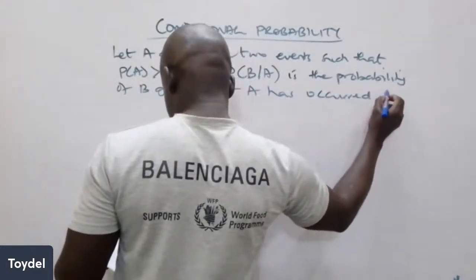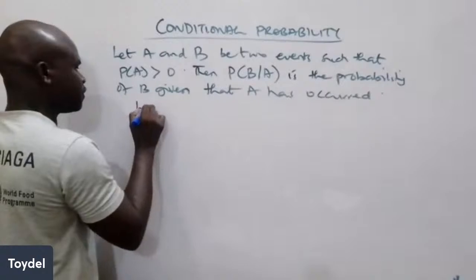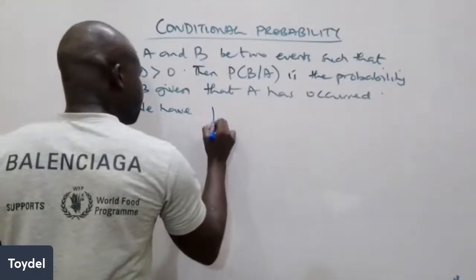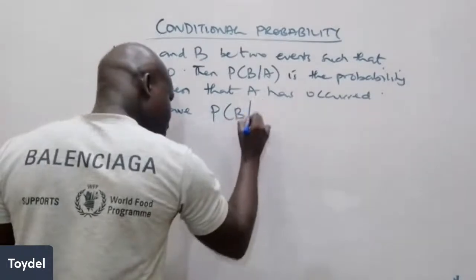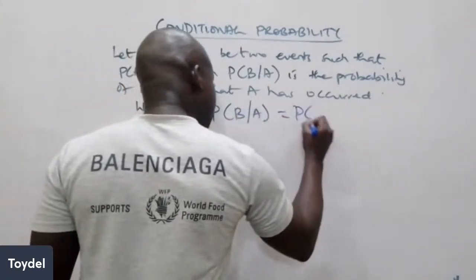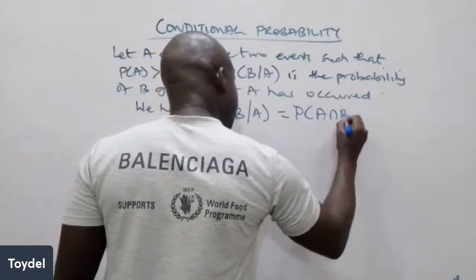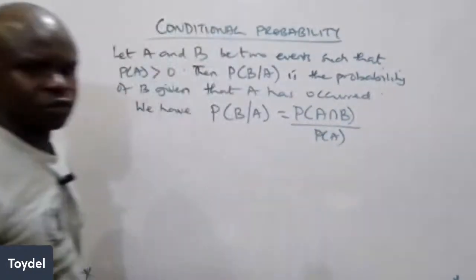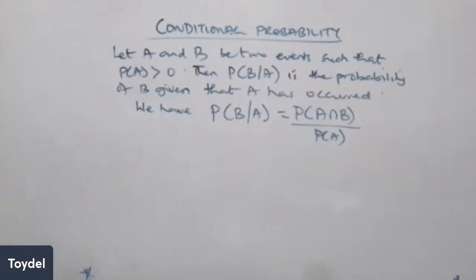That is, we have probability of B given that A has occurred equal to probability of A intersection B all over probability of A. So under conditional probability, there are certain things that we must note.